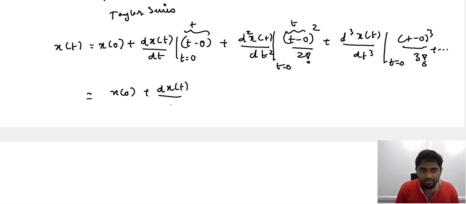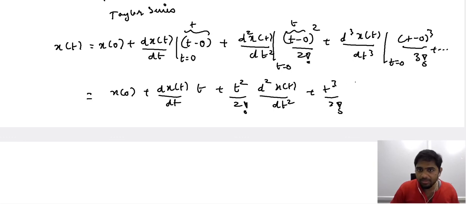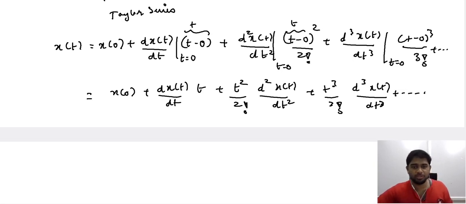x of t dt t, or t square by 2 factorial d square x of t by dt square, plus t cube by 3 factorial d cube x of t by dt cube, and so on it proceeds.